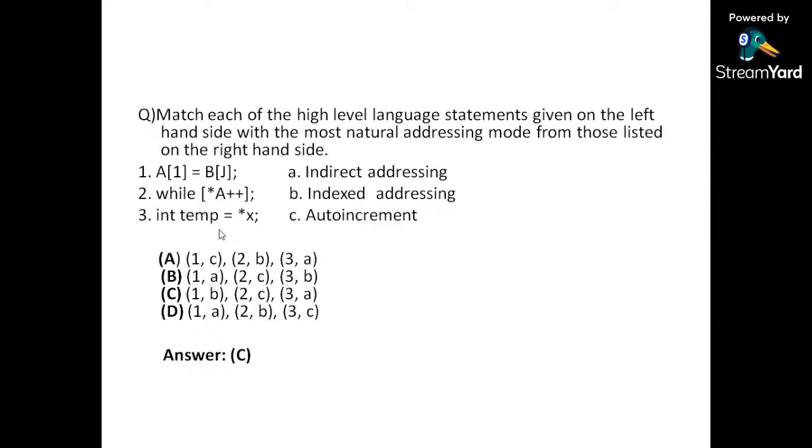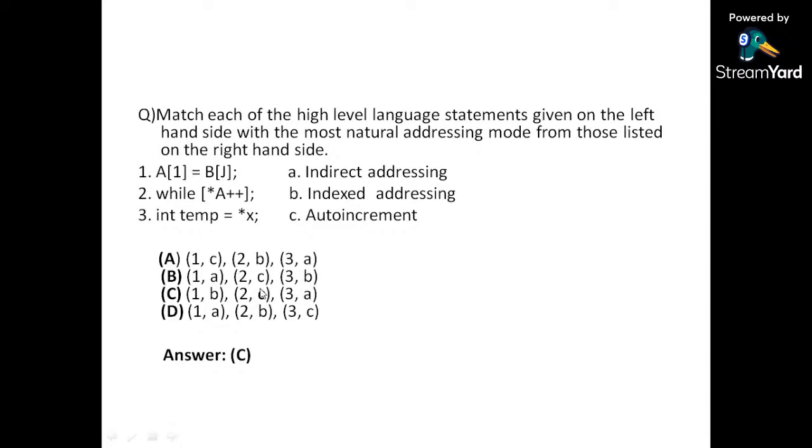In fact, x is holding the address where the value will be present. So this is an example of pointers. And if you remember what we have studied, indirect addressing mode is used to implement pointers. So it is quite clear that int temp equal to star x is an example of indirect addressing mode. So third is matched with a, and 2 is definitely matched with C. So 2 and C are matched, 3 and A are matched.